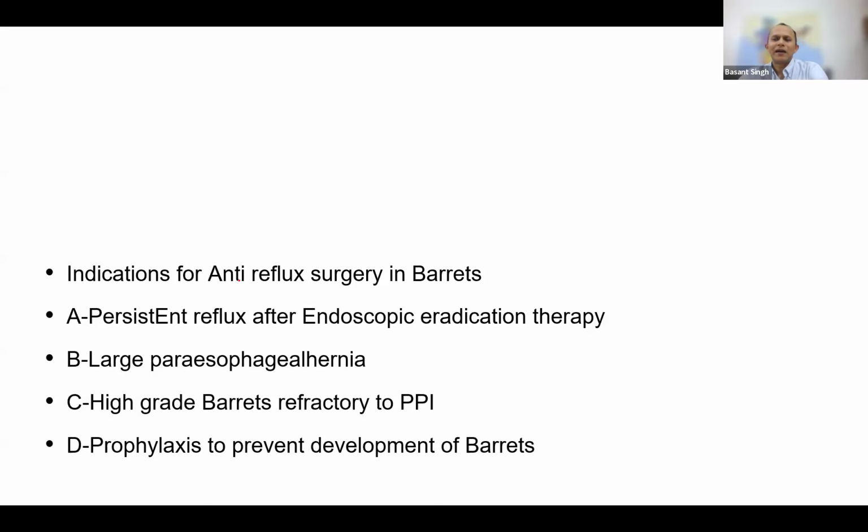Treatment of Barrett's is endoscopic eradication therapy. If you have Barrett esophagus, the first line treatment is PPI. If you have any dysplasia, then you have to do an EMR because that is the current recommendation. So when do you do an anti-reflux surgery in Barrett's?